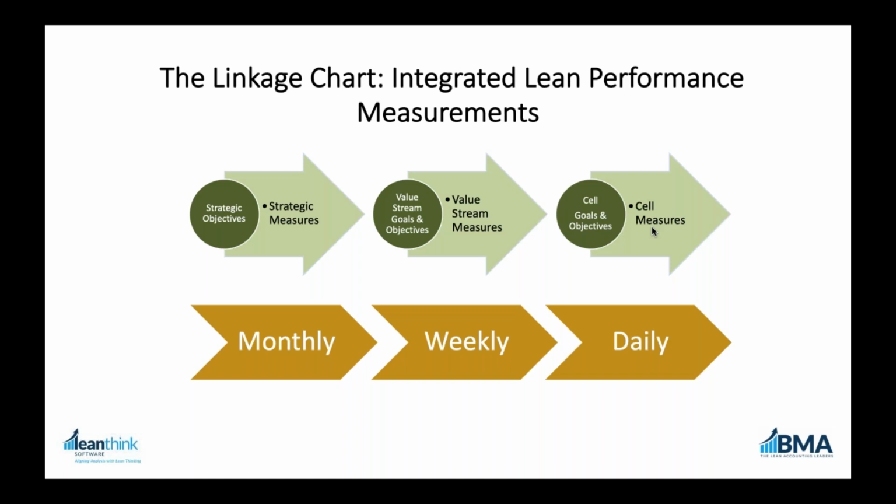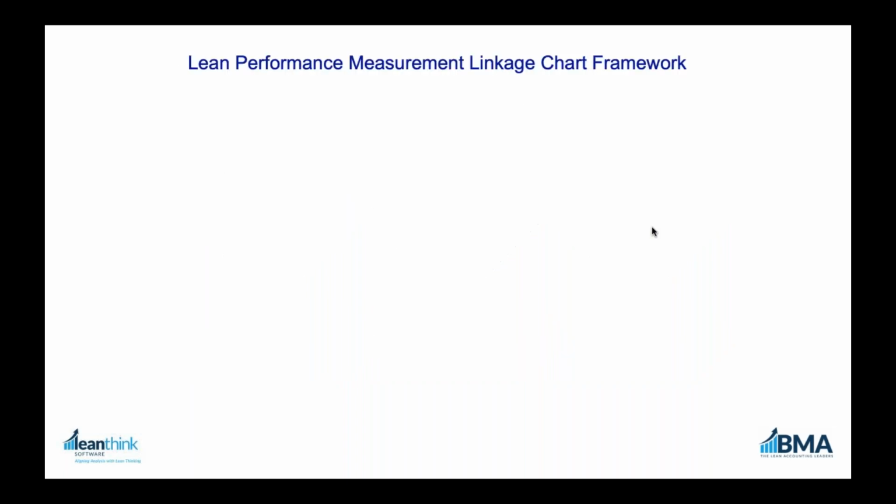So if you align everything from strategic objectives all the way down to cell measures, you're really coordinating a lot of work, and it's all aligned with the business strategy. So the output and the final product of a linkage chart process is something that looks like this.